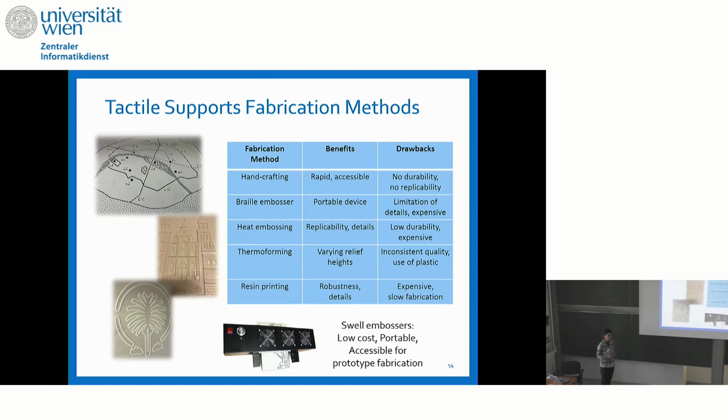fabrication techniques to see what would be the best solution that we were looking for. We wanted to have something low cost, portable, accessible for prototype fabrication. I'm going somehow on the opposite side of the current flow in my community.